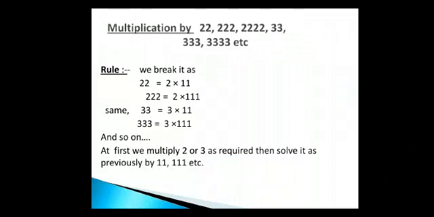So we can write 22 as 2 into 11, and 222 is equal to 2 into 111, same as 33, 3 into 11, 333 is equal to 3 into 111, and so on. We can break this. So at first we multiply by 2 or 3 as required, then solve it as previously by 11, 111, etc.